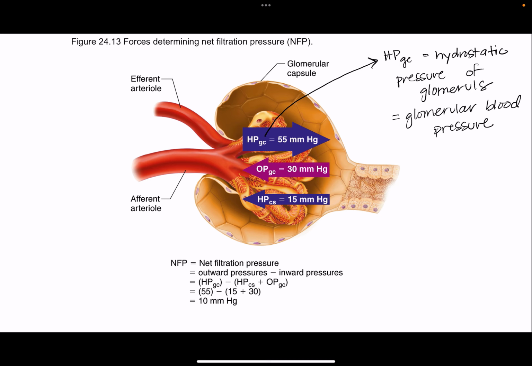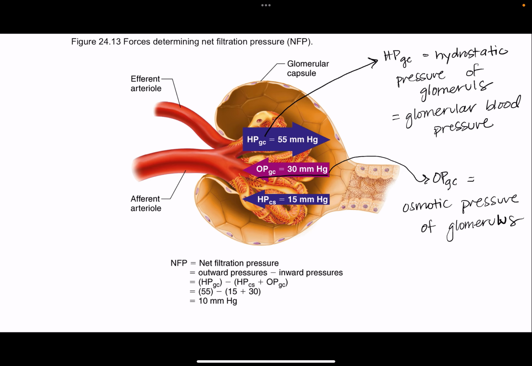So we have this osmotic pressure towards the capillaries. OPGC is osmotic pressure of the glomerulus. So you'll notice that we only have osmotic pressure going towards the blood and not outward, because that pressure is going to be mostly towards the glomerulus, not out towards the filtrate, because most of the solutes are still in the blood.